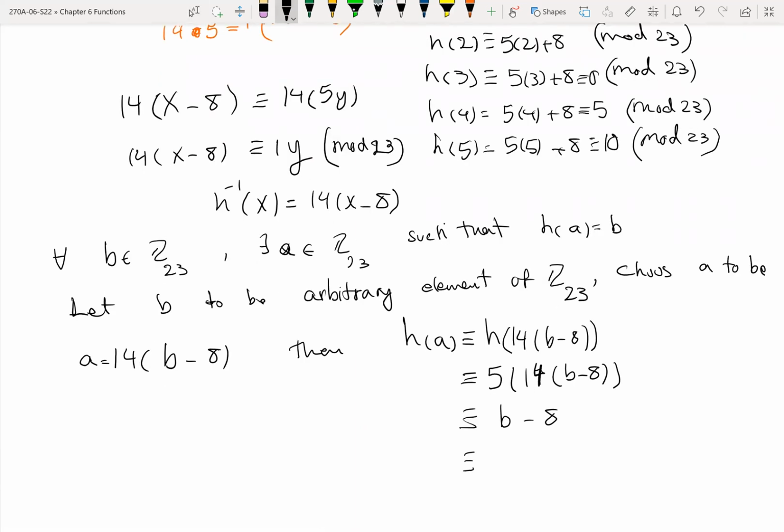Oh, sorry. It has plus 8 at the end also, equals b. So I have to make sure, since 14b minus 8 is in the domain of Z sub 23, that this works for b's in Z sub 23.